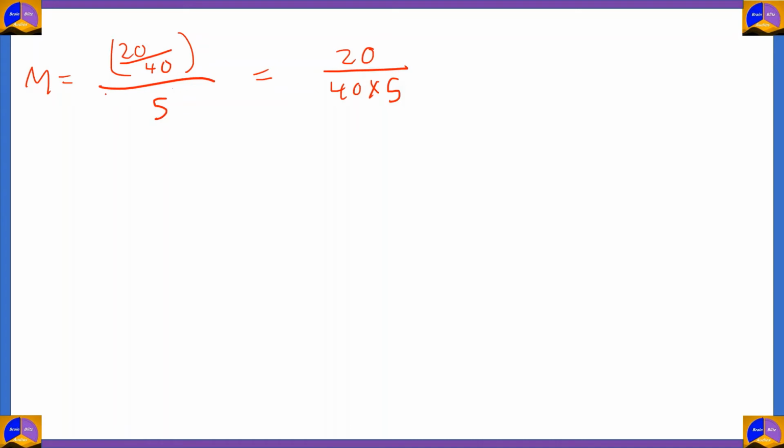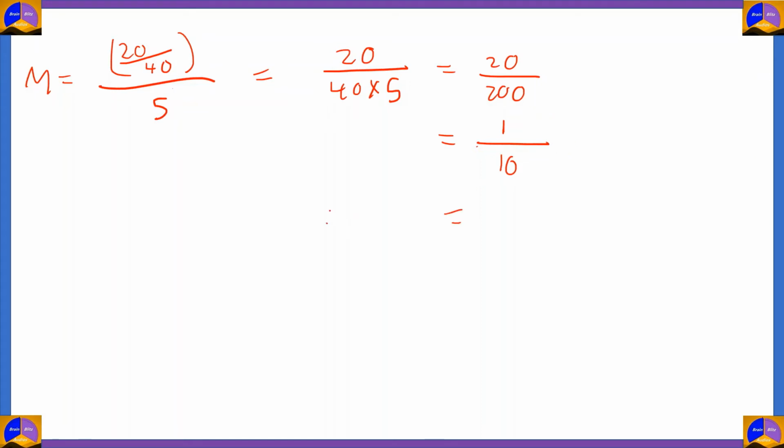So 20 by 40 whole divided by 5 will be equal to 20 divided by 40 into 5, so that will be equal to 20 divided by 200. 40 times 5 is 200. And 20 is common to both. So 20 by 20 is 1, and 200 by 20 is 10, because 20 times 10 is 200.